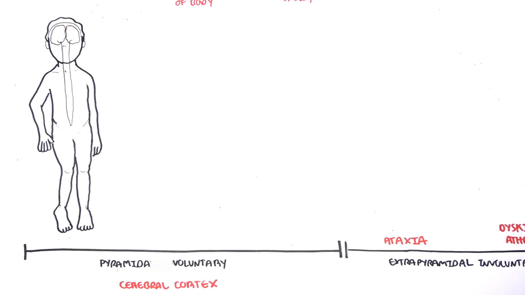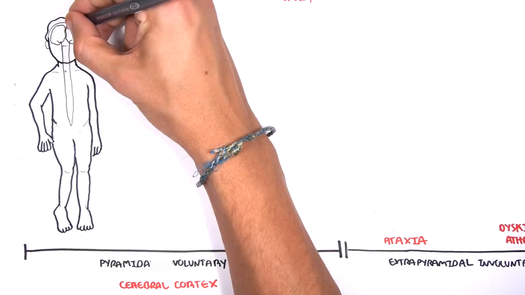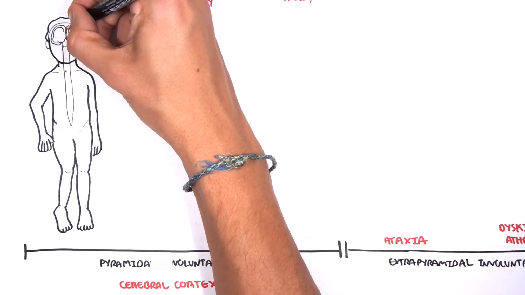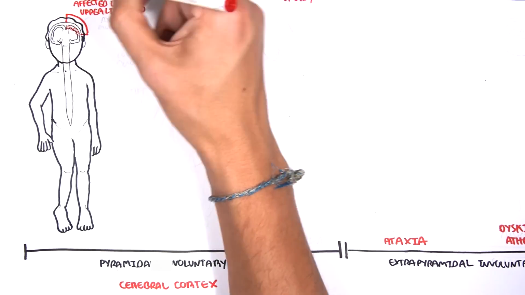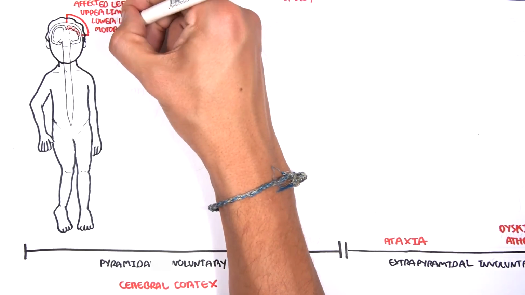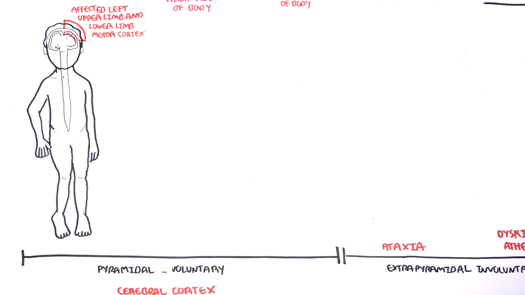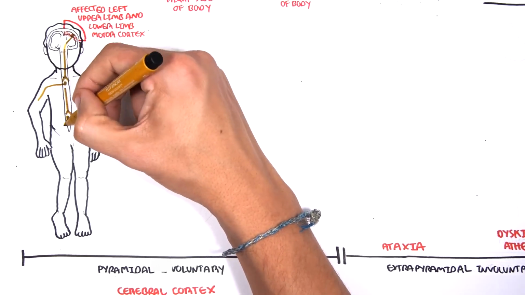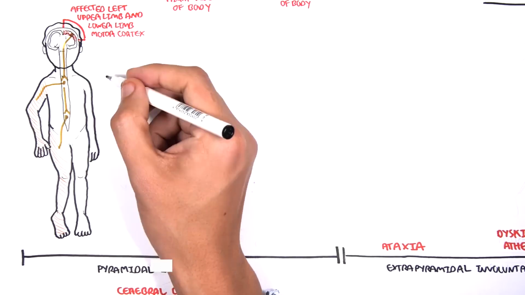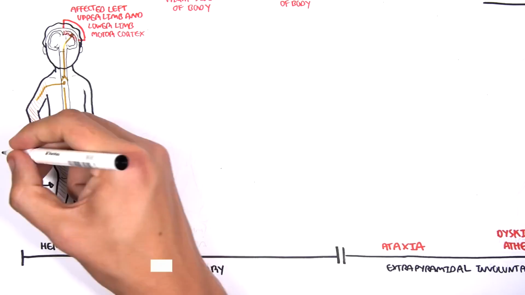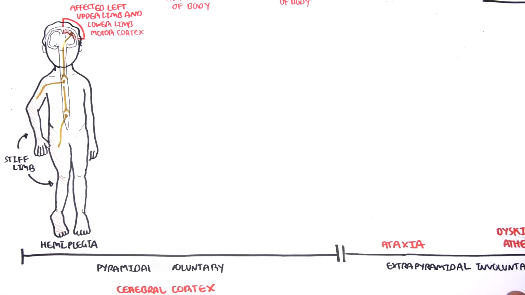So, for example, here the affected regions of the motor cortex are the left upper limb and the lower limb regions, which means that the right upper limb and the right lower limb are affected. Therefore, this person will have stiff limbs on the right side, and there's also increased tone here as well. Because half of the body on one side is affected, this is called hemiplegia.